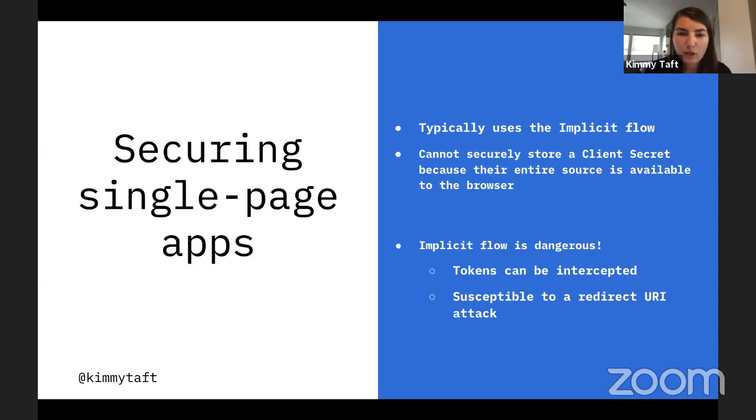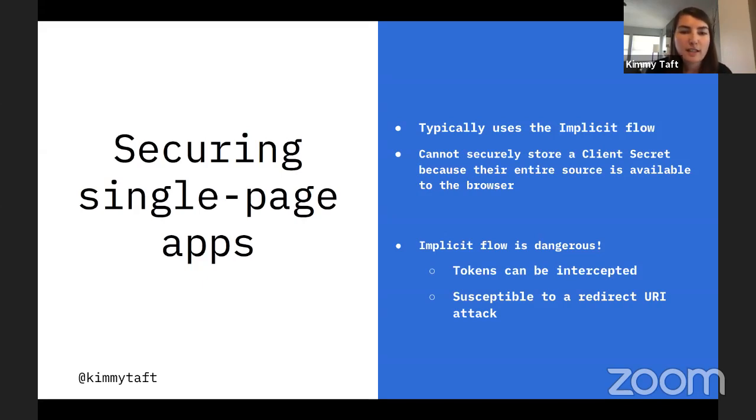How this flow works is that after a user successfully authenticates, the implicit flow directly returns an access token. As you heard earlier, in the authorization code flow, instead of returning an access token, an authorization code is returned, which is then exchanged at the token endpoint to get that access token.